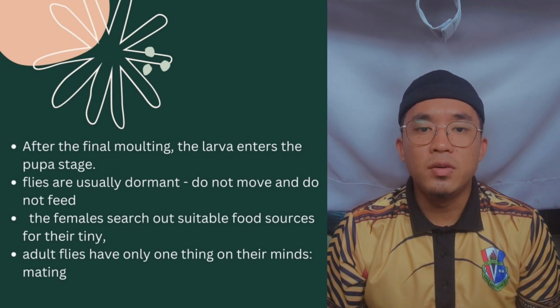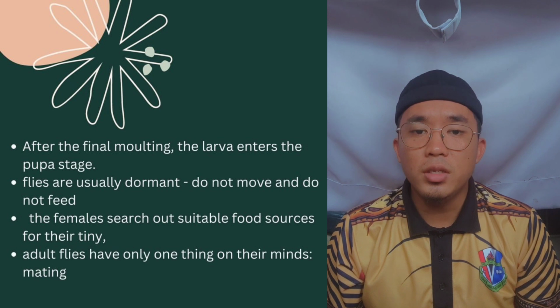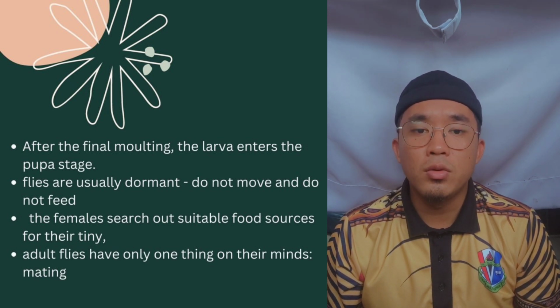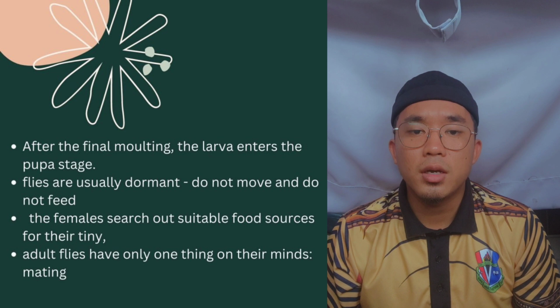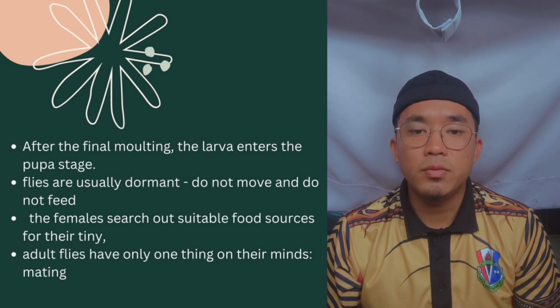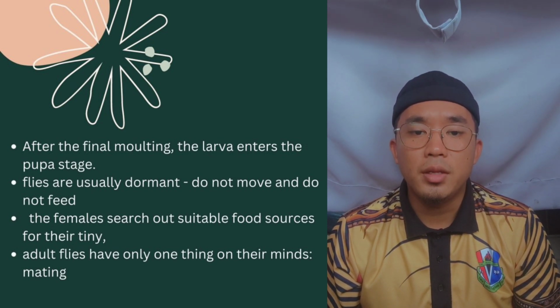And then, after the final molting, the larvae enter the pupa stage. During this stage, flies are usually dormant, do not move, and do not feed. They develop a cocoon-like shape and grow wings, antennae, and legs. Once they emerge from their pupa stage, adult flies have only one thing on their mind: mating.